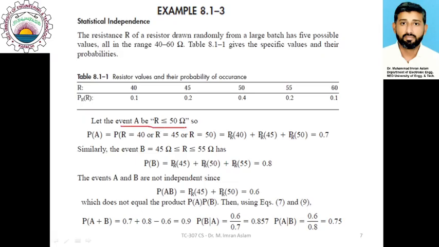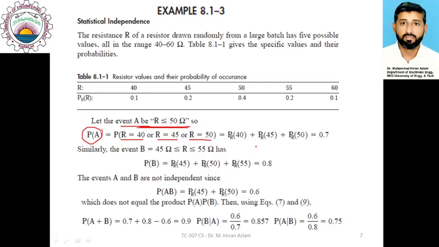Let's say we define an event A that the selected resistance is less than or equal to 50 ohm. If we want to find the probability of A, you can see that this condition can be satisfied with 3 possibilities. Either the resistance is 40 ohm, or the resistance is 45 ohm, or the resistance is equal to 50 ohm.